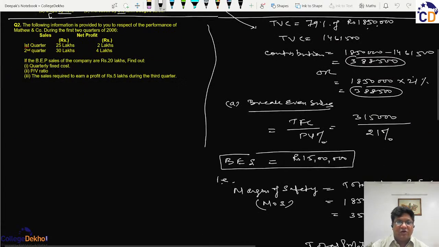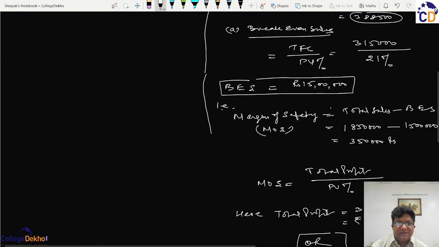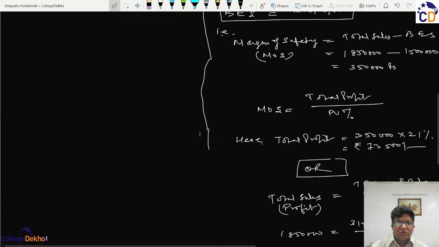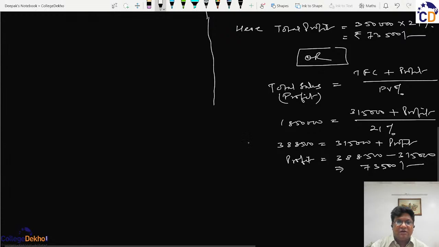So if we carry on the same lines, here I have created a partition so that when we solve the second question, we will have no confusion, and we will solve it in the left part of our sheet.